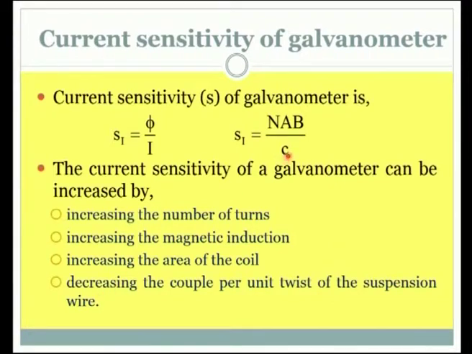C is in the denominator, so that has to decrease so that we have a high current sensitivity. What is the meaning of decreasing the couple per unit twist? It has to be a very sensitive spring. When we use a very sensitive spring, the current sensitivity will be very high, right. These are the concepts related to sensitivity of galvanometer, especially the current sensitivity.